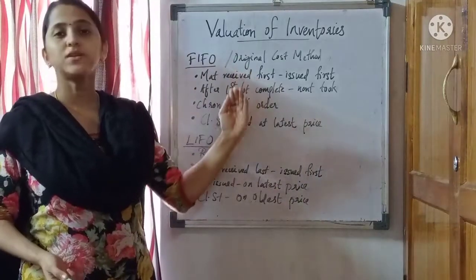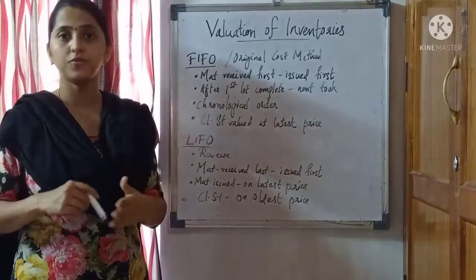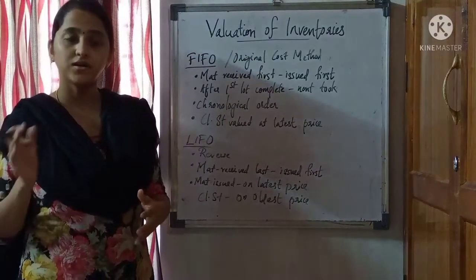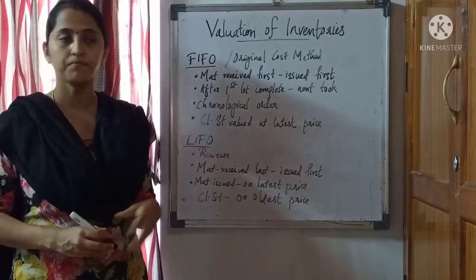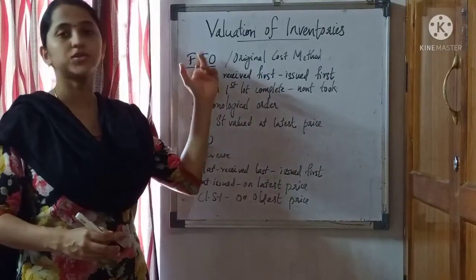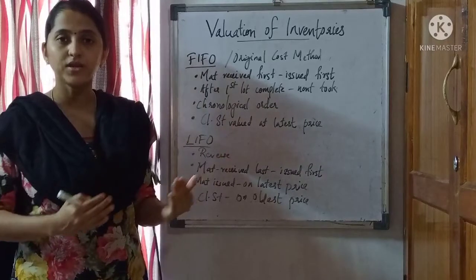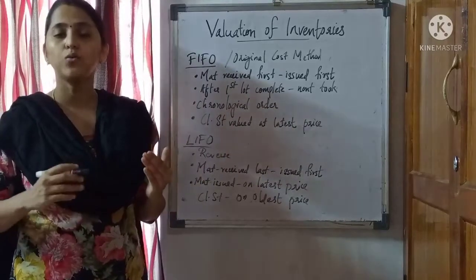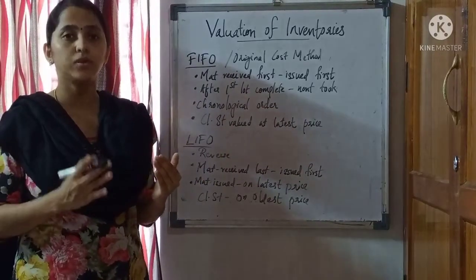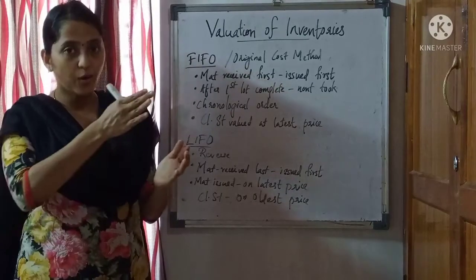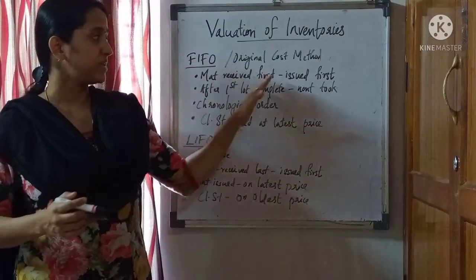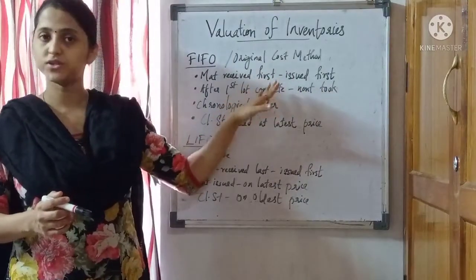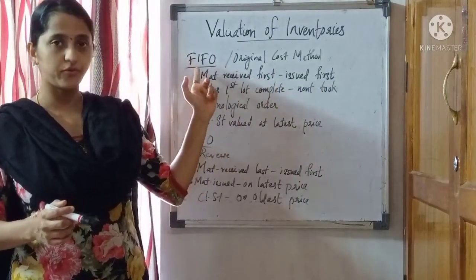Those inventories which arrived first are sold out first. That is the assumption of the FIFO method. We will be issuing inventories in the order of receipt. Materials received first are issued first. That is the concept of FIFO.